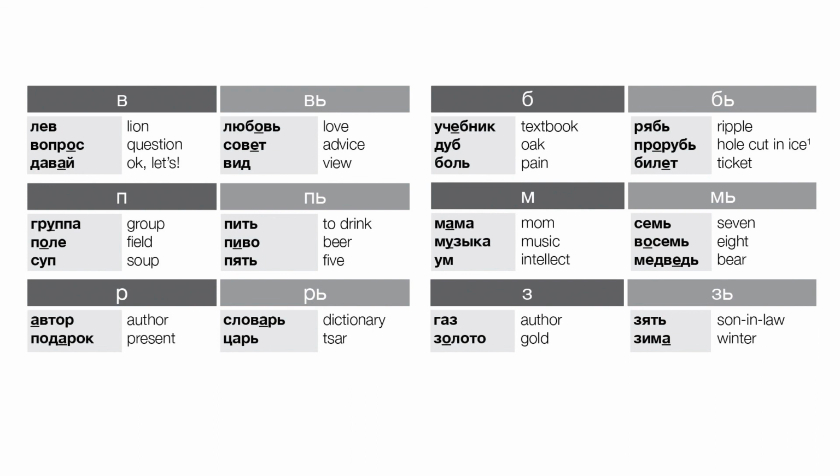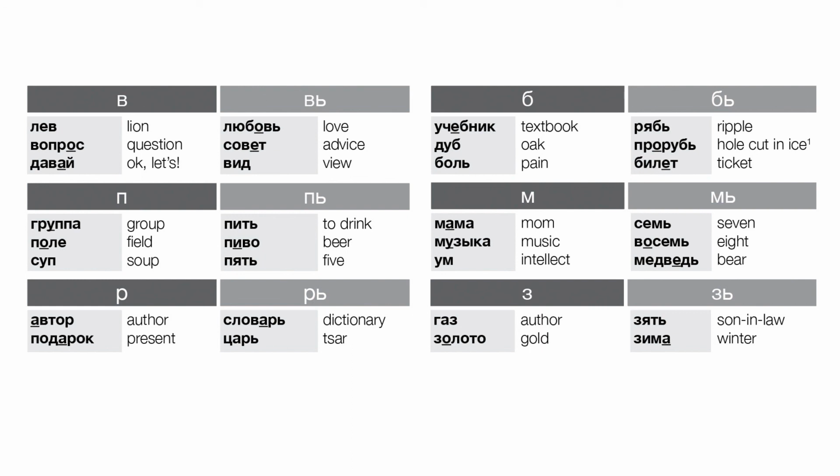Okay, P, группа, поле, soup, and soft P, пить, пиво, пять. M, hard M, mama, музыка, soft M, медведь.